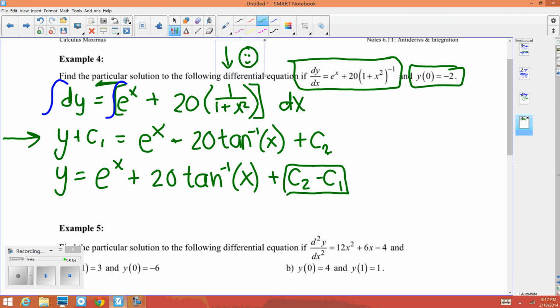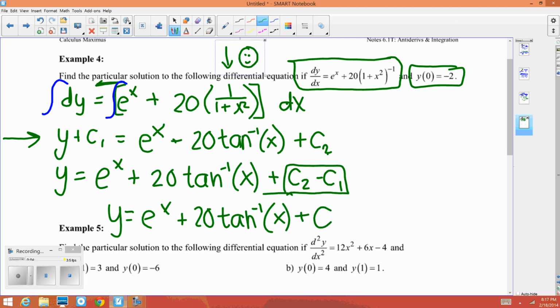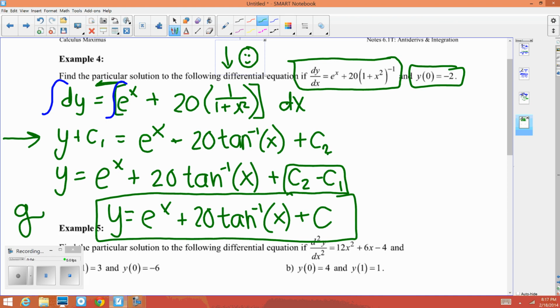So from this point on, you don't have to do the plus c on both sides as long as you remember it on one side. So don't worry about the dy side. Just worry about one side because it's just a constant value. It doesn't matter if you have a part of the constant on one side, part of the constant on the other. This is our general equation.